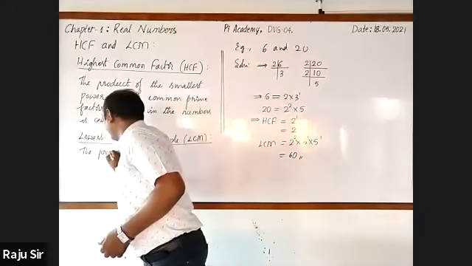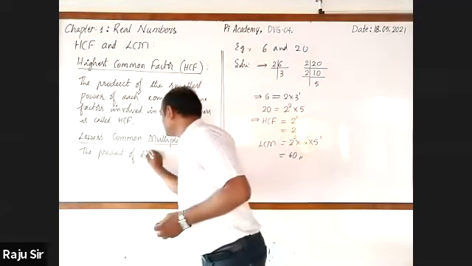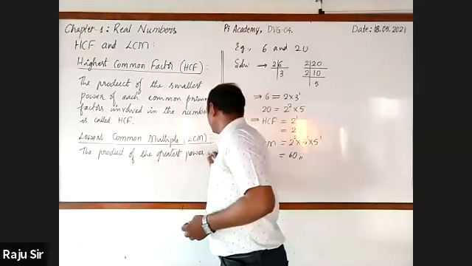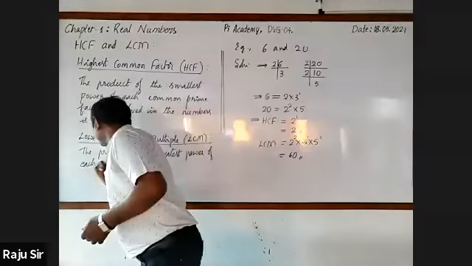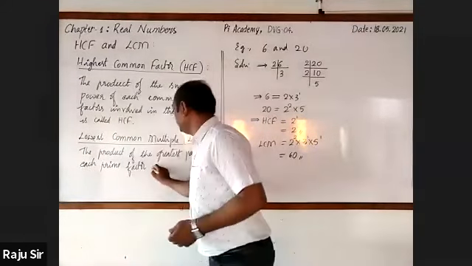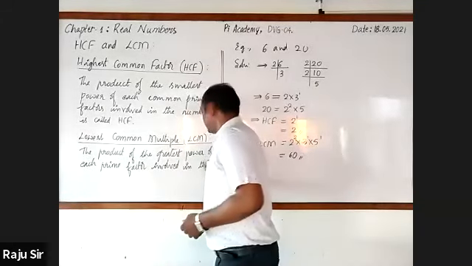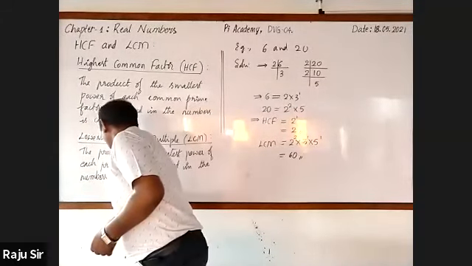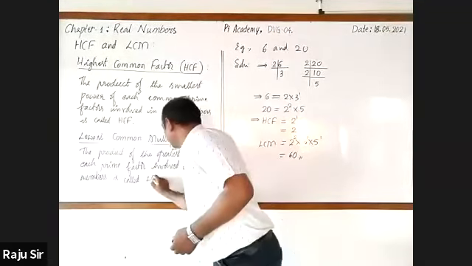The product of the greatest power of each prime factor involved in the numbers is called LCM.